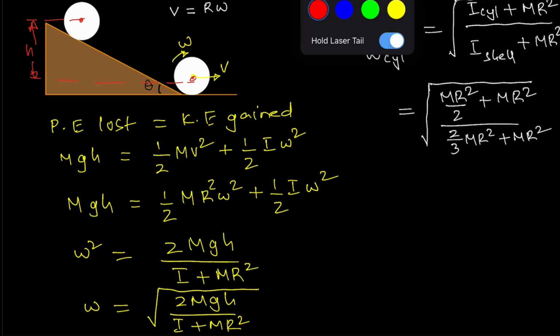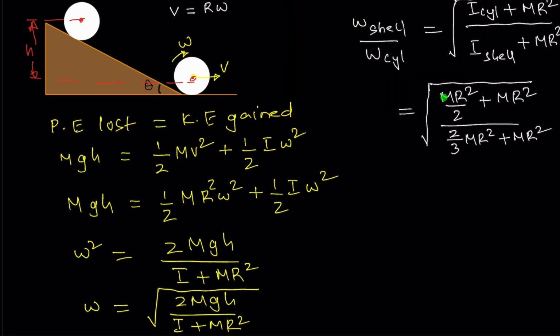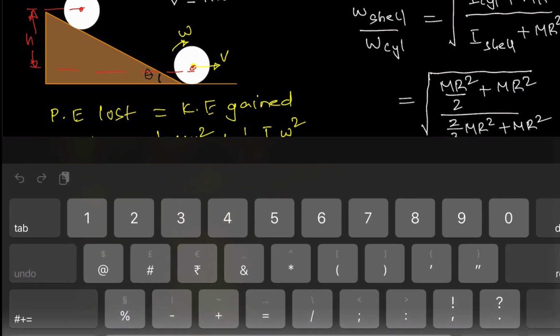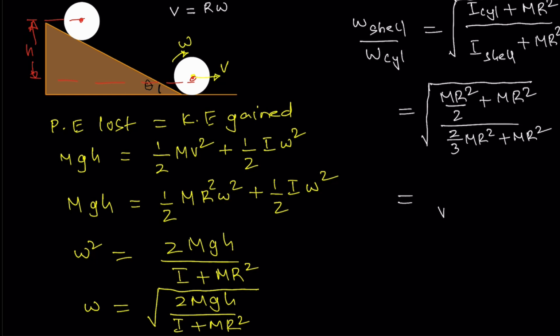Everywhere you have mr square, so you can ignore that and just pay attention to the numbers. In the numerator, 1 by 2 plus 1 is 3 by 2.